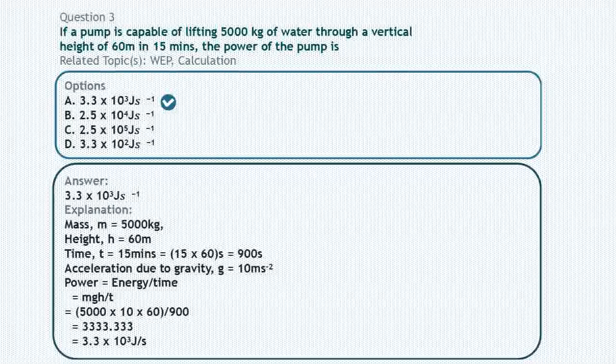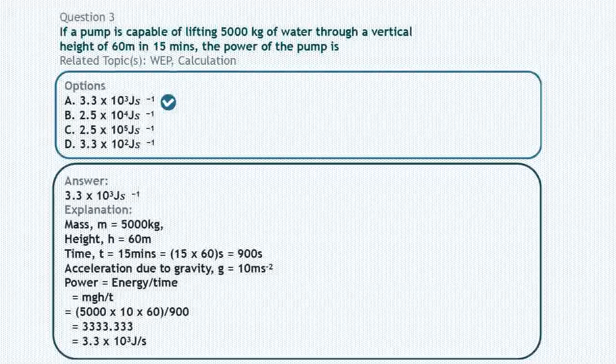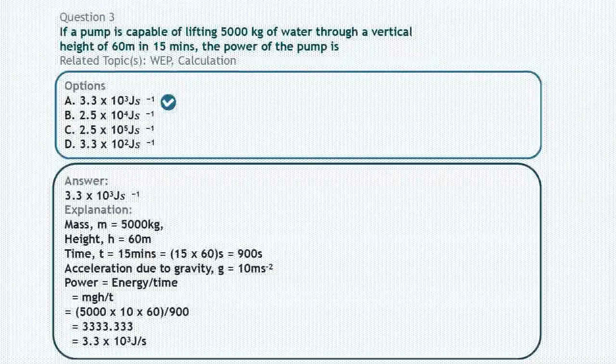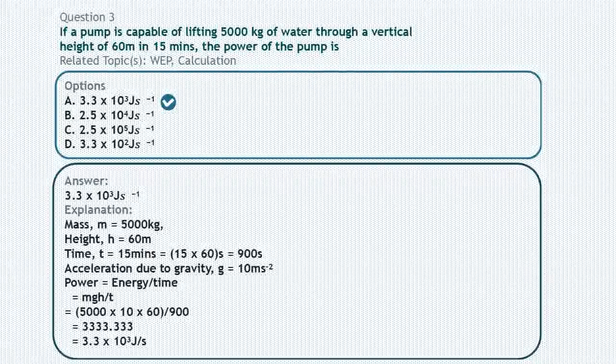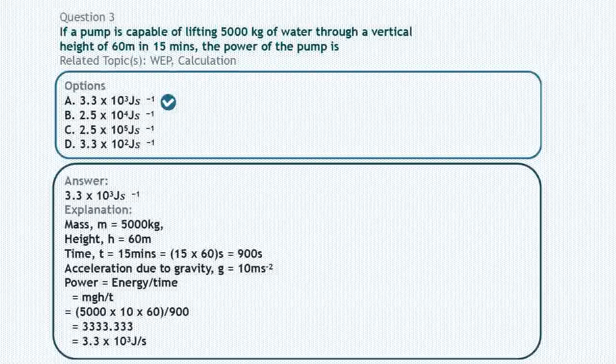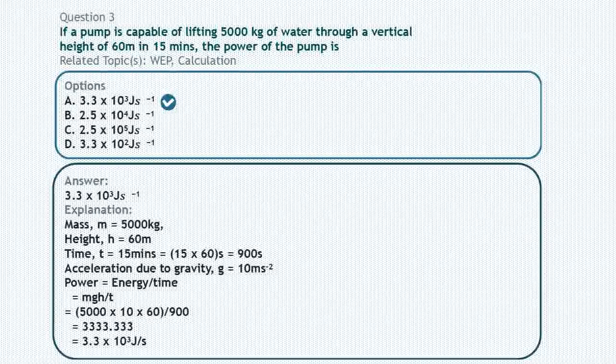So I have this as 3.3 times 10 raised to power 3 joules per second, which is the unit for power here. You can write it this way, or you can write it as Js raised to power minus 1. You can write it either way. But if you are using negative indices, like negative powers, you don't use the slash.